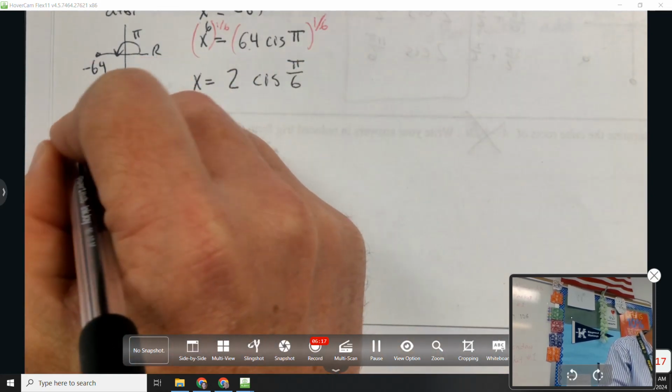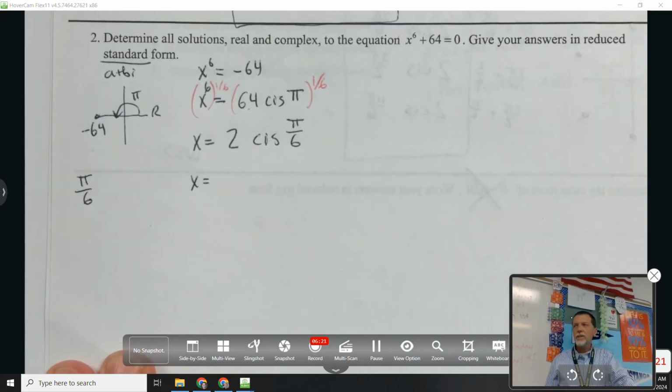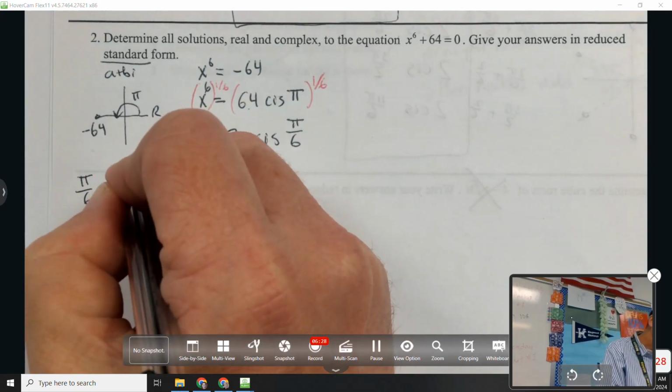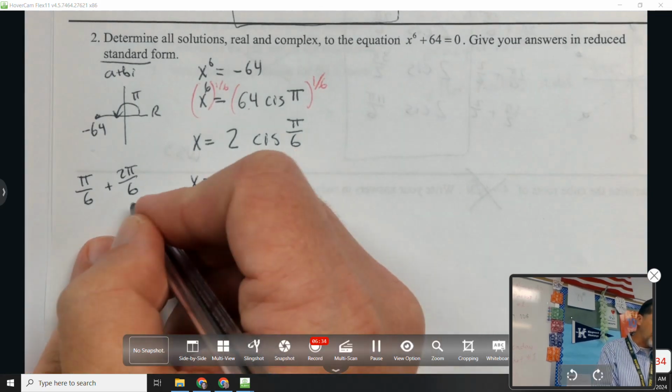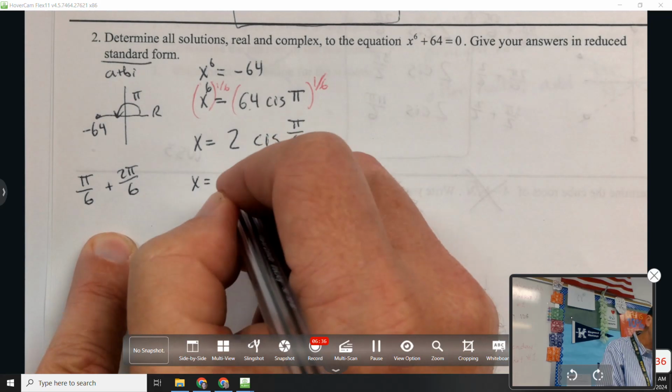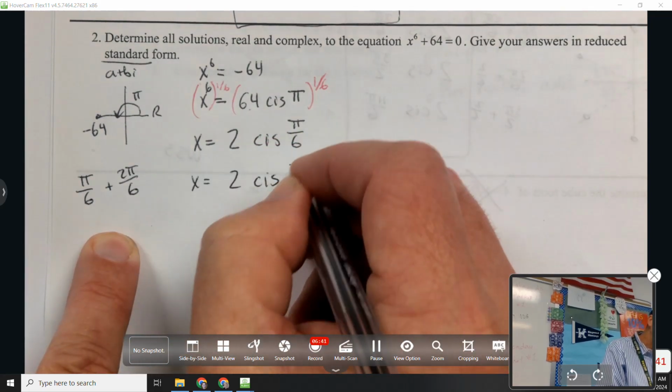So how do I get to the other answers? What do I need to add? 2 pi over 6. Which would be pi over 3, but I think I want to leave it like that. That way I have a common denominator built in. So 2 cis pi over 2.